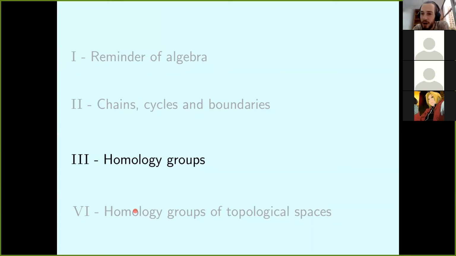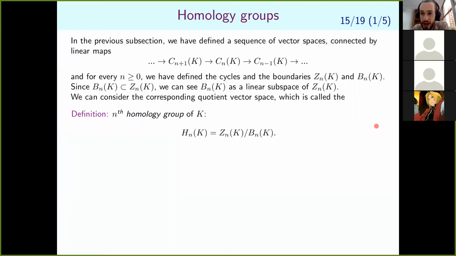Okay, at last, now we can define homology groups. So, a recap. We have defined a sequence of vector spaces, the n chains, that are connected by linear maps. And in each of these spaces of chains, we defined the cycles and the boundaries.